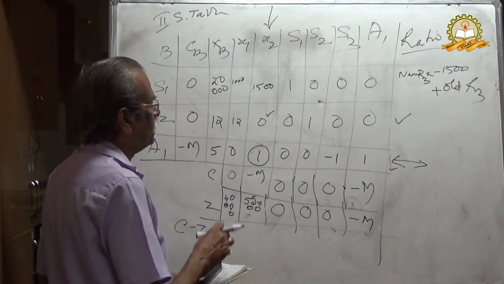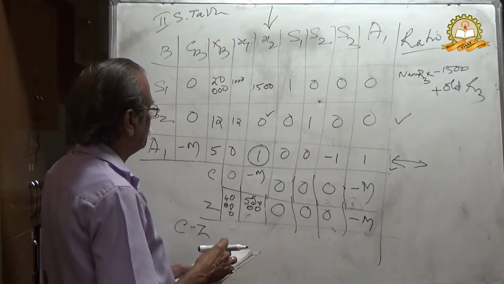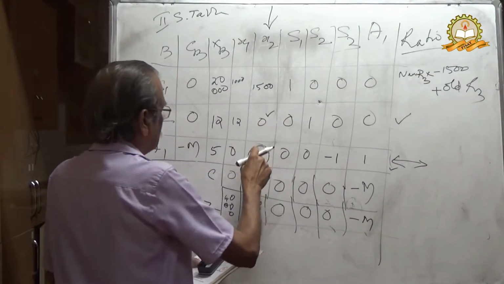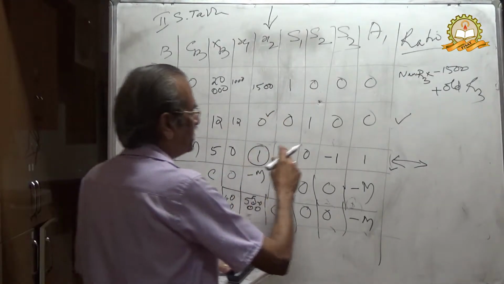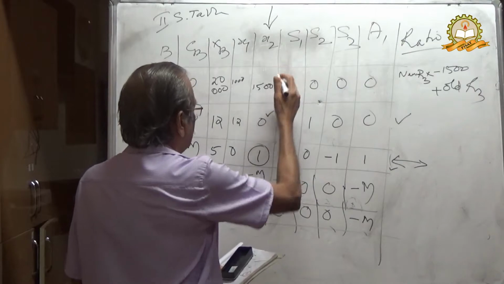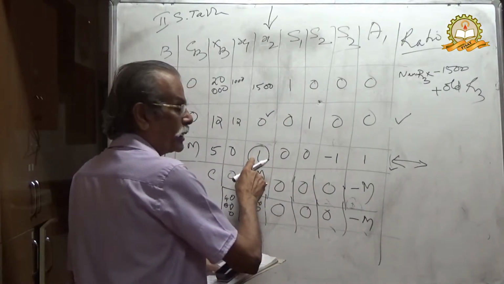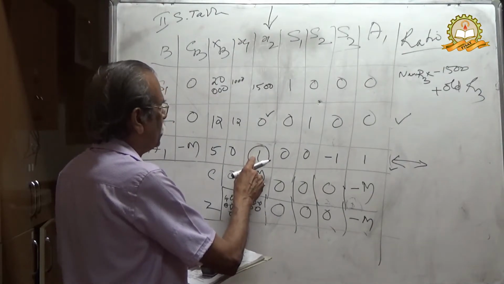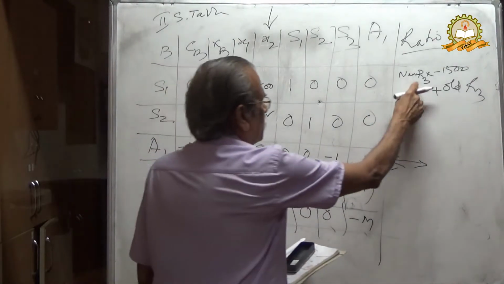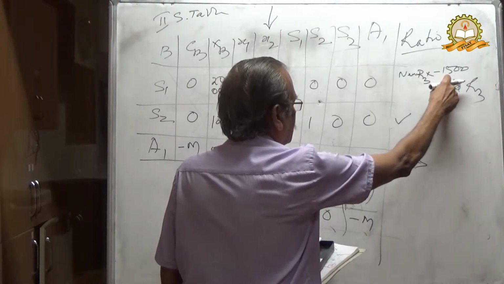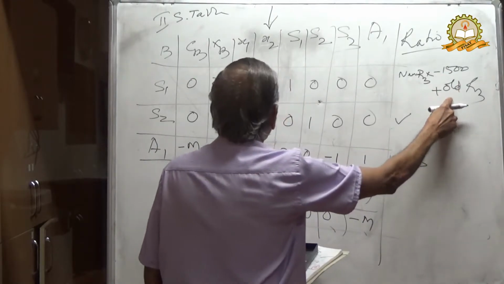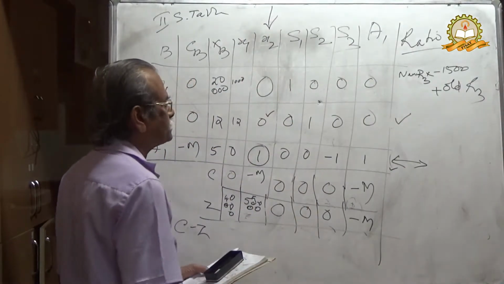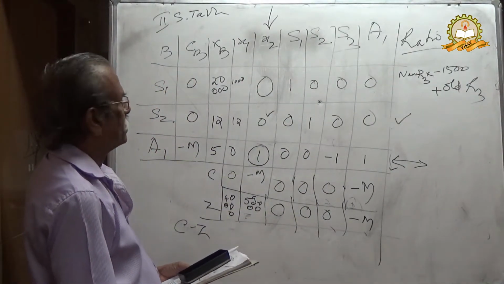You can write negative 1 into negative 1500, 1 into negative 1500 plus old R3 cell. Therefore, this becomes 0.